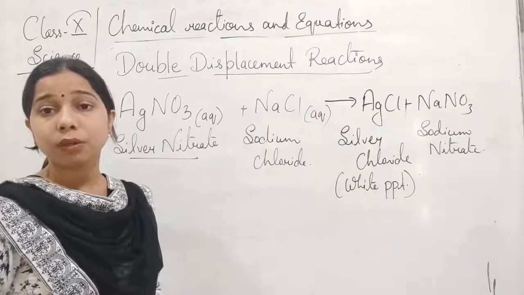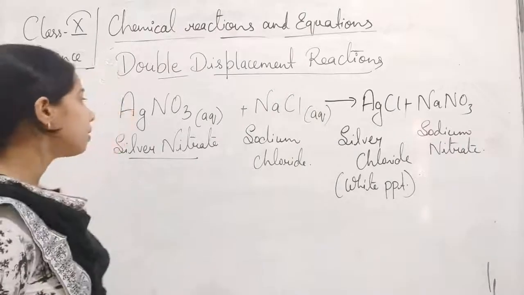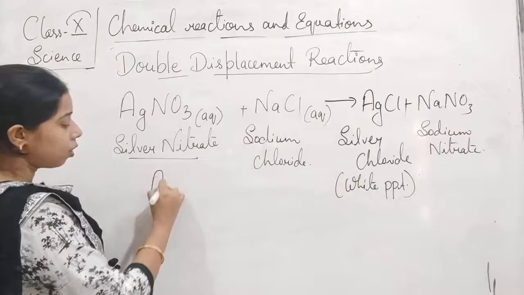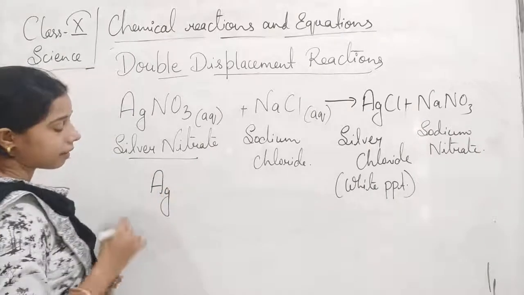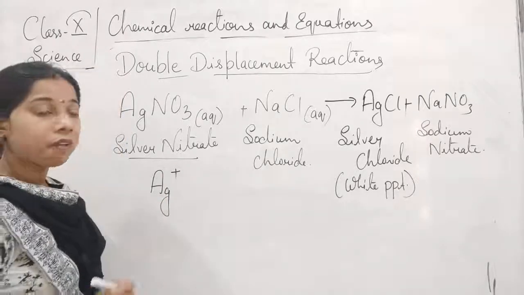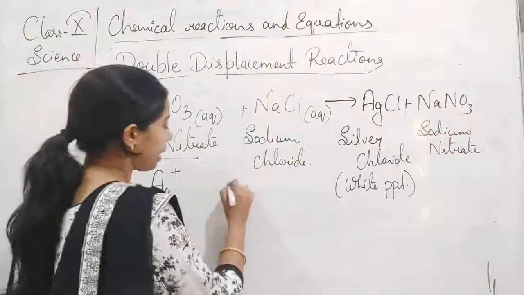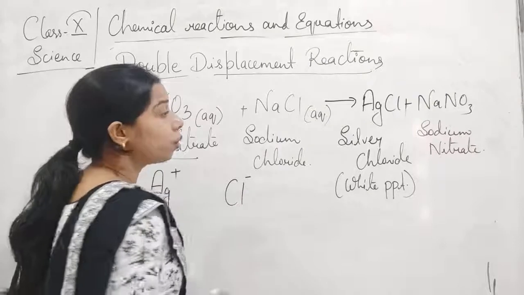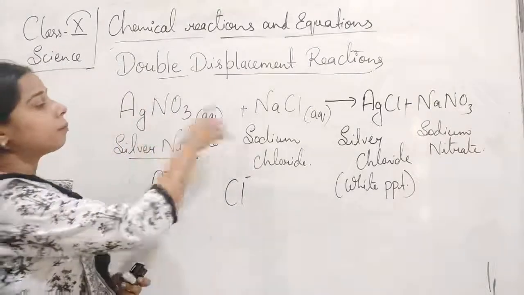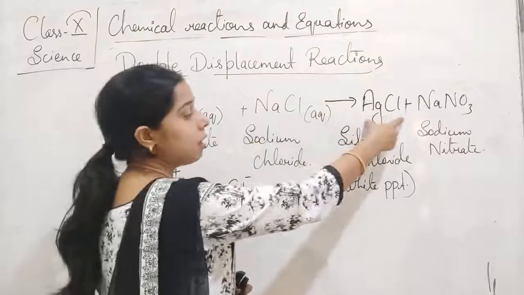Now you can see here how this silver reacts with the sodium, student. So silver ion is +1. When this silver ion reacts with the chloride ion, that is Cl minus, you see that there will be formation of silver chloride.